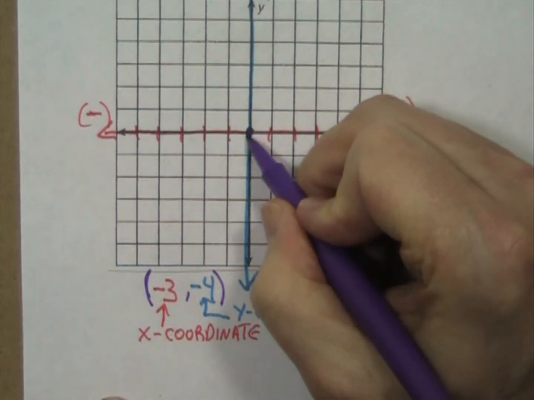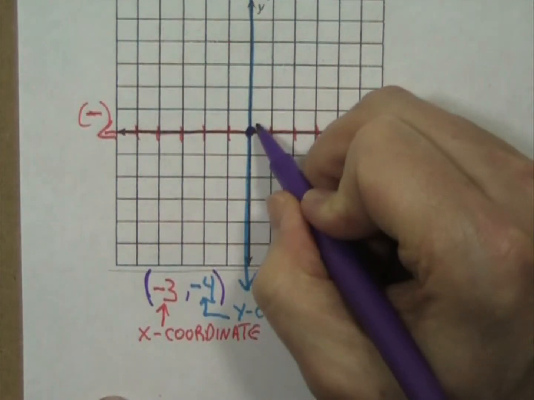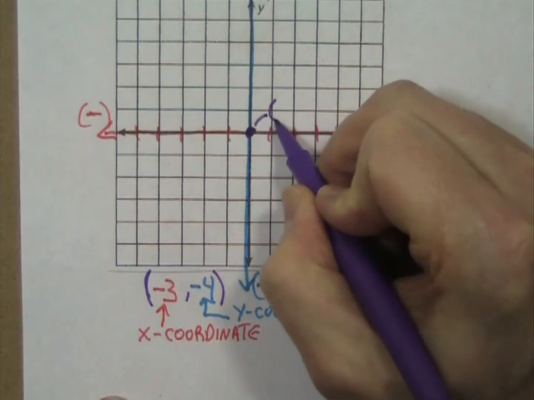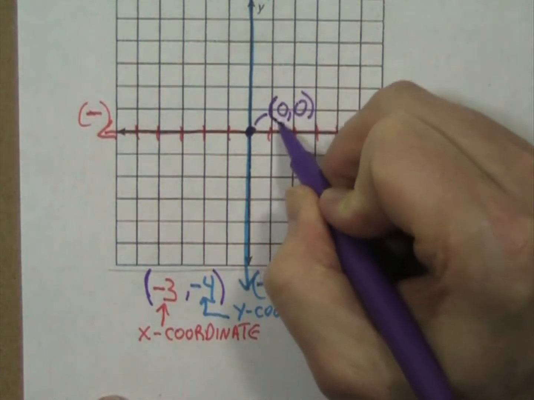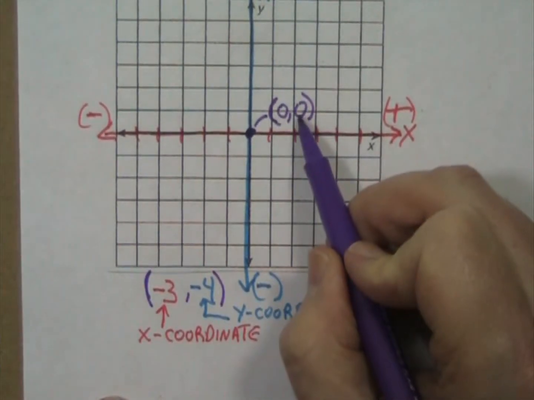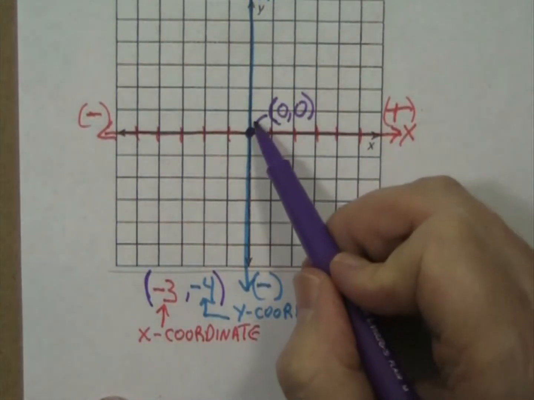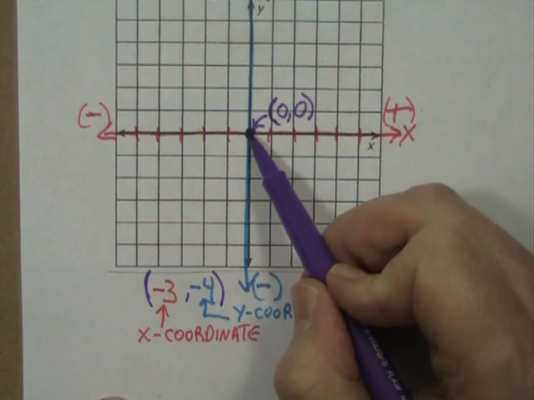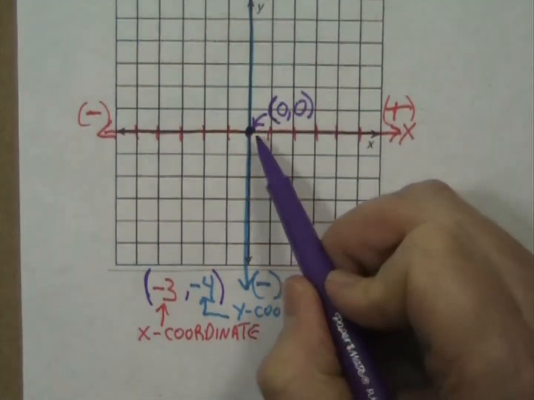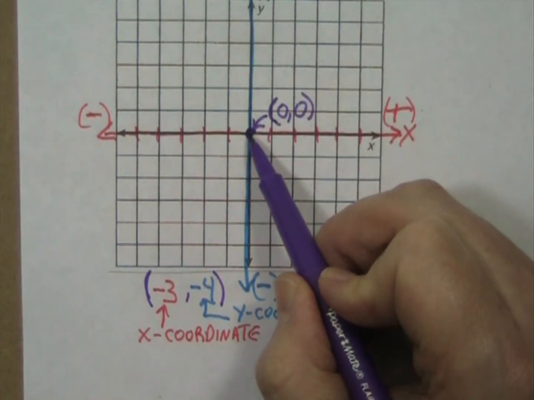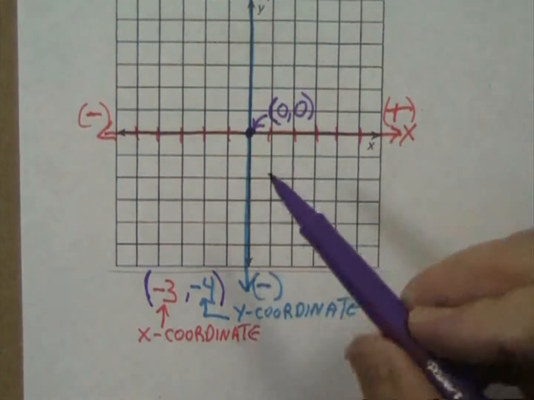But this point right here, the one we said was the origin, its ordered pair is 0, 0. Double O. It's like a secret agent. That point right there is 0, 0, the origin. And this is where we always start whenever we're going to graph a point, an ordered pair.